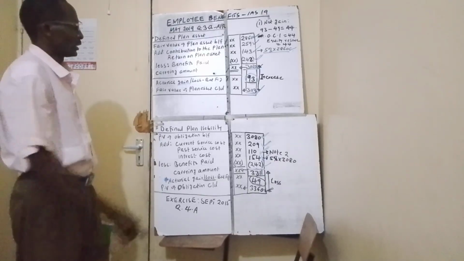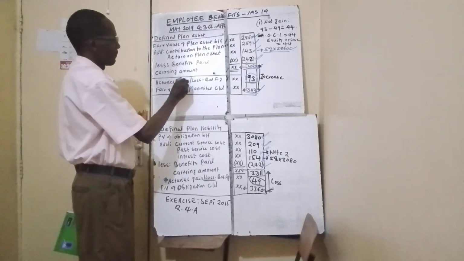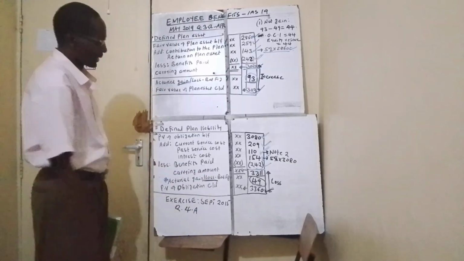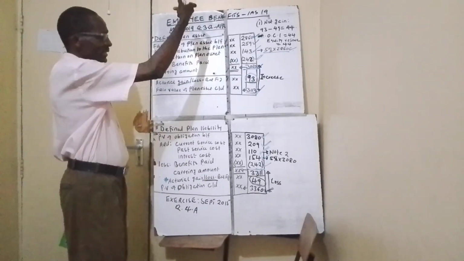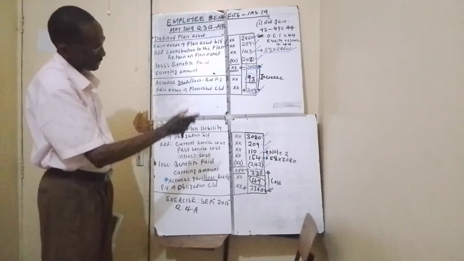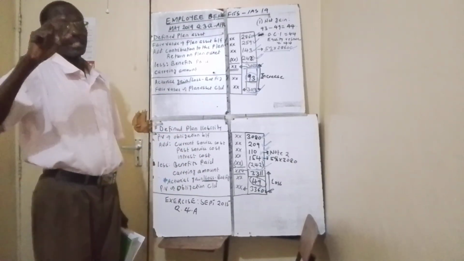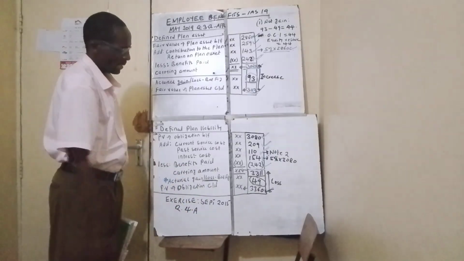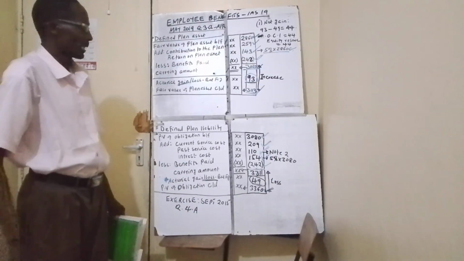So what does it mean? You have an actual gain from the assets, but an actual loss from the liabilities. So there is an increase of 93, but that increase of 93 was not really offset, but was reduced by this particular loss coming from the defined plan liability.